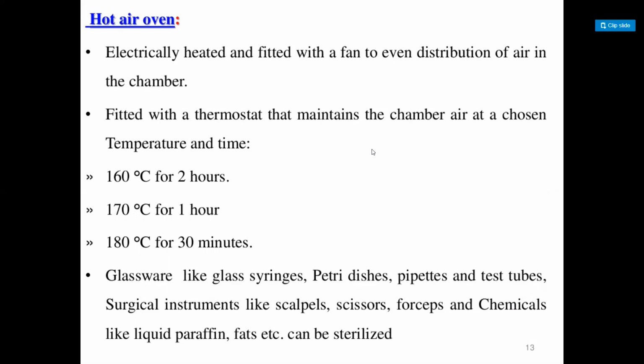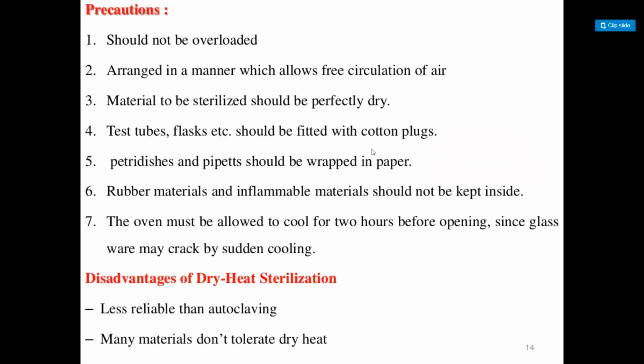These three temperatures can be used for different durations. And these are the precautions you need to take, because as you are handling very high temperatures, the chances of getting burnt are very high. So you need to consider these precautions.